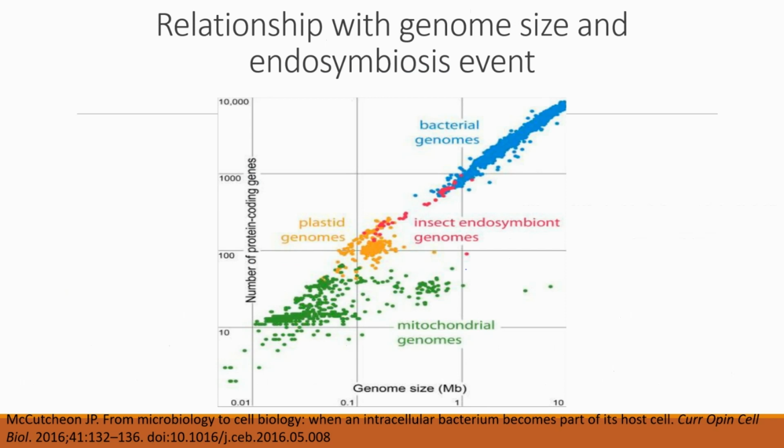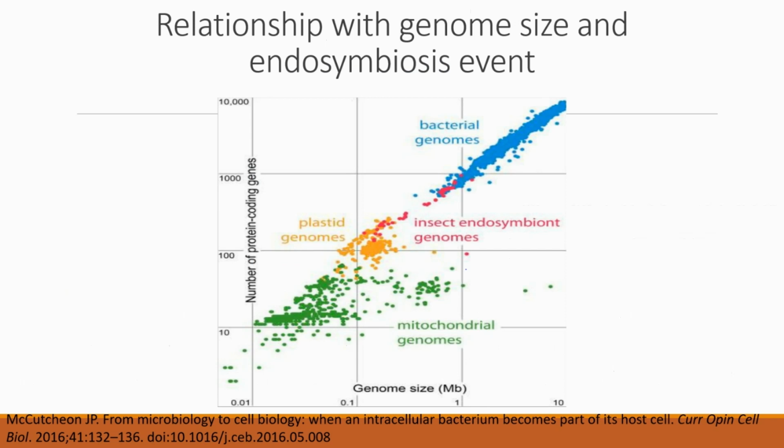And what scientists have discovered is that as endosymbionts go from being an intracellular bacterium to evolving to becoming an organelle, over time, some of those genes become redundant and not necessary to keep up with. So they lose those genes.